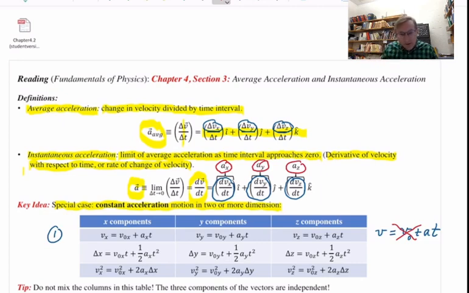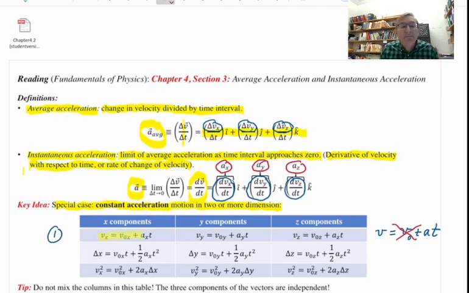And that is what I have done in the first main row of this table. I have taken v equals v initial plus at, and on every v symbol and every a symbol, I've added a subscript, either an x or a y or a z, to denote x component, y component, z component. So look at the first entry here in this row.